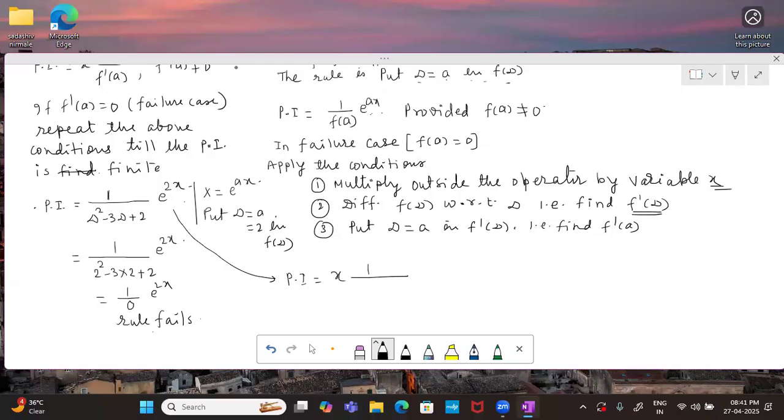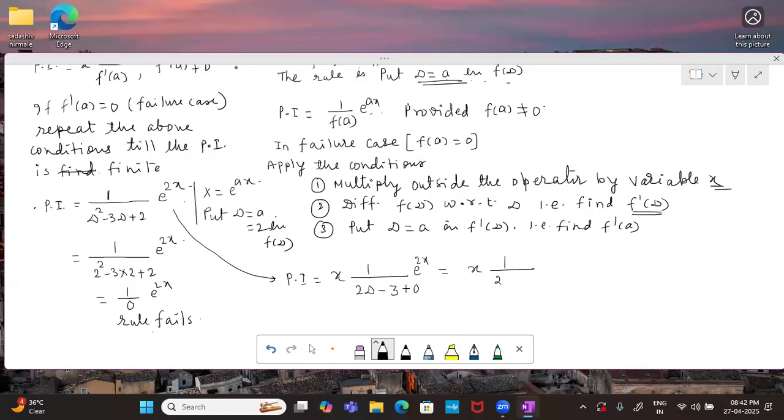The derivative of D square, like x square, is 2D, the derivative of 3D with respect to D is 3, and that of 2 is 0, acting on e raised to 2x. It is equal to x into 1 upon, again put the value of D, we follow this rule, D is equal to a. What is a? A is 2.